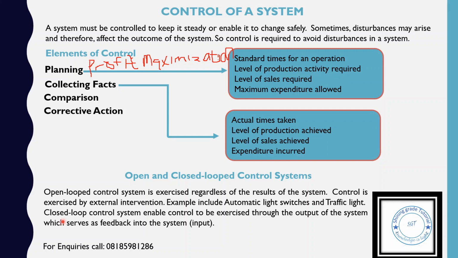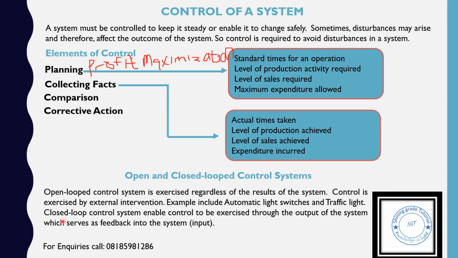So in an open loop system, by the time we are emphasizing on controlling the system, the result that is expected to be obtained from the system does not determine the side that we emphasize on in the system.